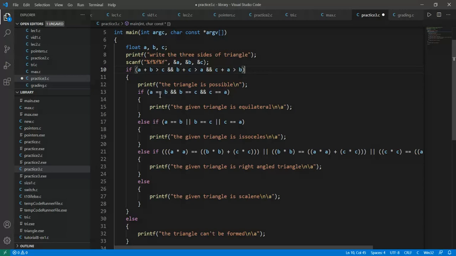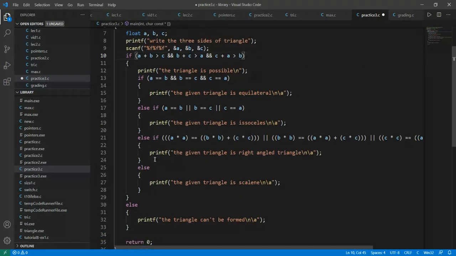Otherwise it would print both equilateral and isosceles for a equal to b equal to c. This is what is meant by the else if.